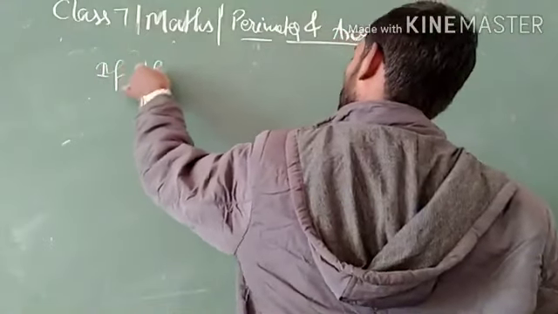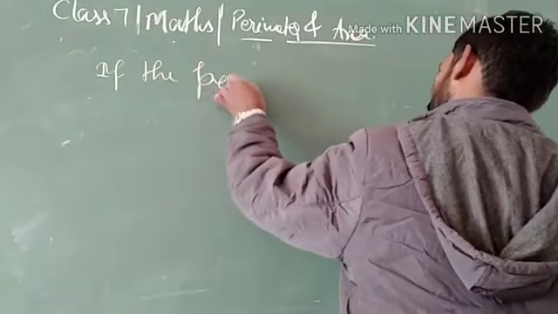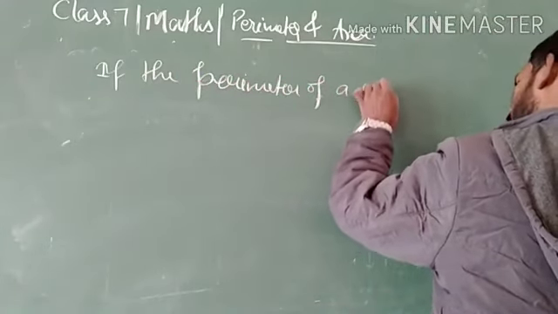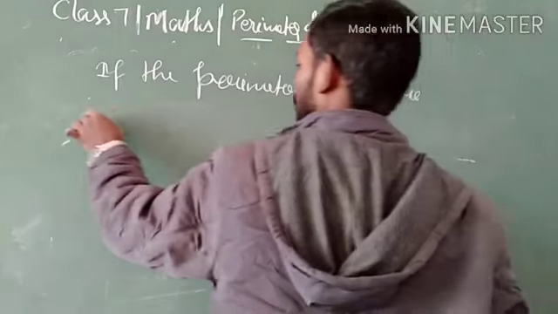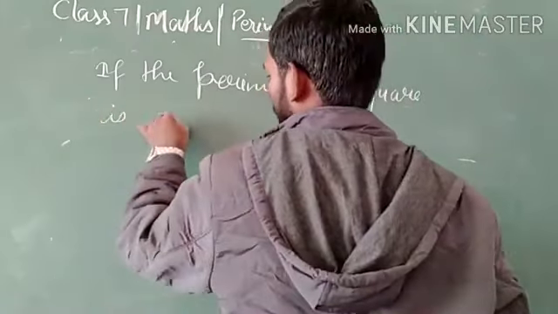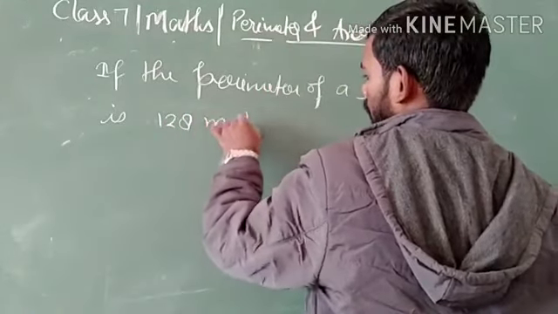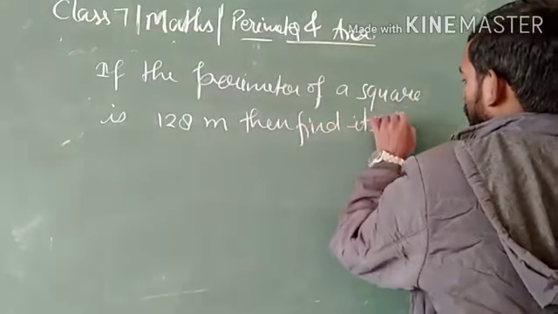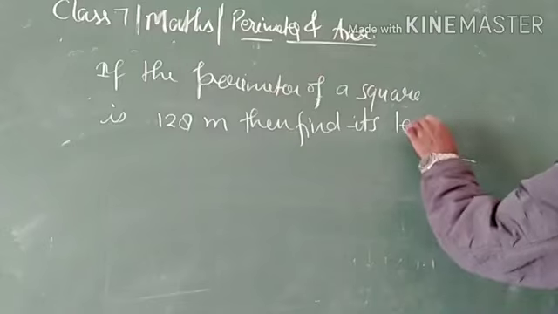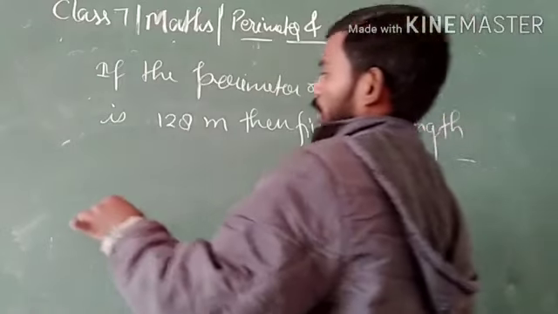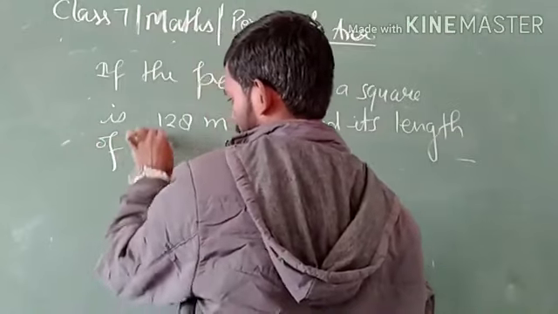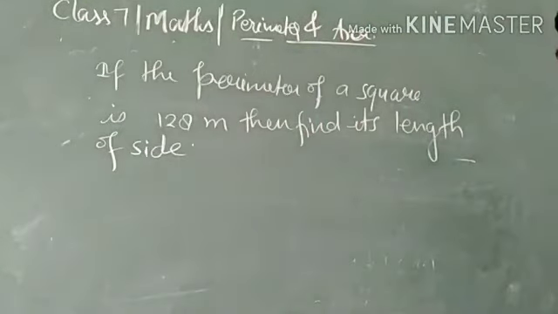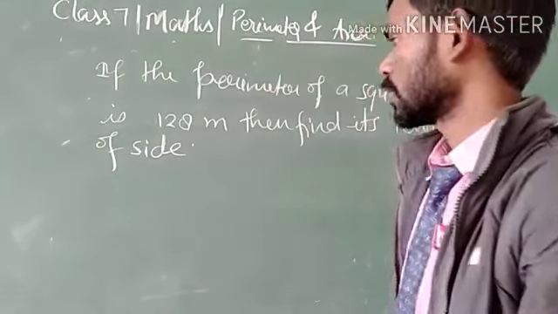If the perimeter of a square is 128 meter, then find its length of side. Sometimes the question may also be asked like that. So just try to understand what the question wants to say.